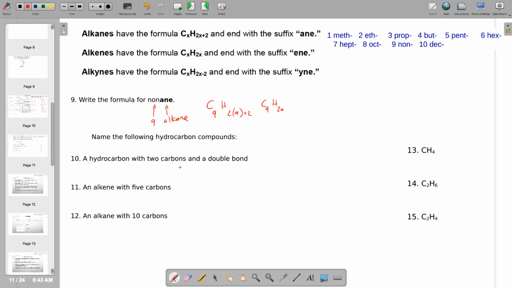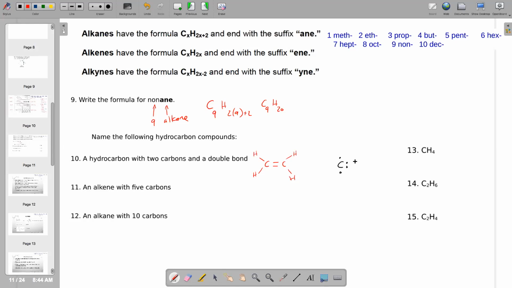All right, so a hydrocarbon with 2 carbons and a double bond. I'll just draw that. So we got 2 carbons with a double bond, but then there have to be some other hydrogens. And it turns out that this double bond represents 2 electrons from this carbon and also 2 electrons from that carbon. So there's a hydrogen here and a hydrogen here, one like this and one like this. If I do it as a Lewis structure, I've got a carbon with its 4 electrons.